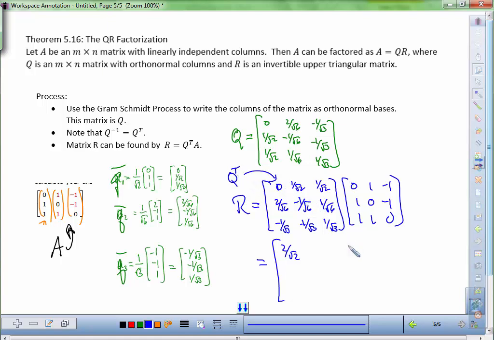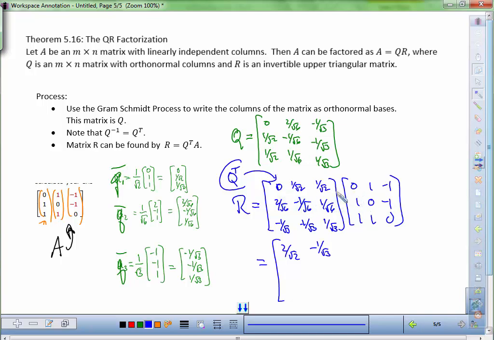The diagonal stays the same. All right. So the first row and the second column, it's 0, 0, negative 1 over root 3.